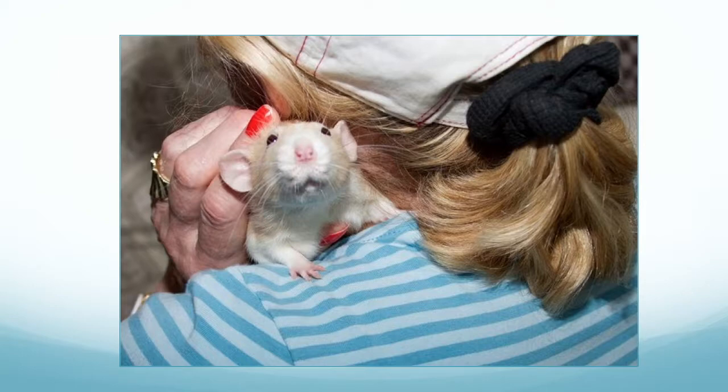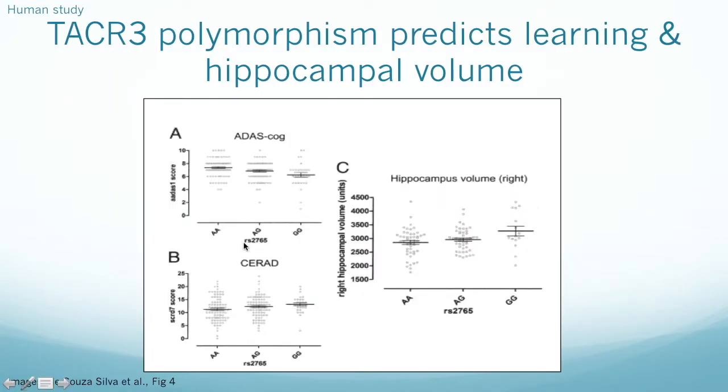And one SNP was found to have a link. rs2765. This may seem a bit confusing because on the verbal memory task at the top here, a higher score means that they had worse verbal memory. But on the verbal memory task down here, a lower score actually indicates a worse memory.